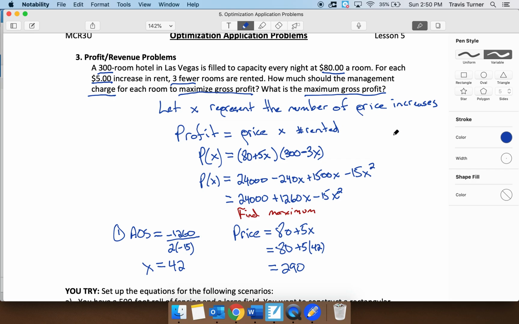And the maximum profit, so that means I want to get my whole overall profit. So this was number 2, and now we're at the third step here. P at 42, I need to sub in 42 for x into my original equation. I'm afraid I'm going to run out of room here.